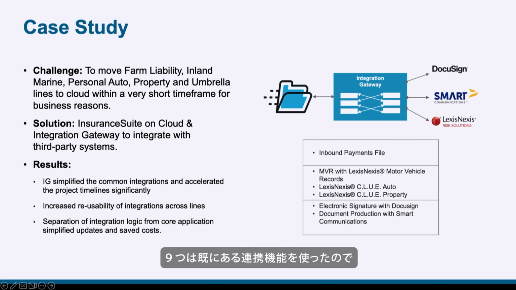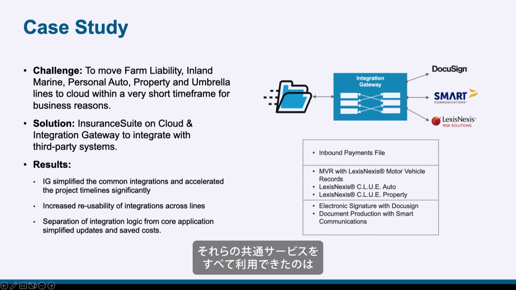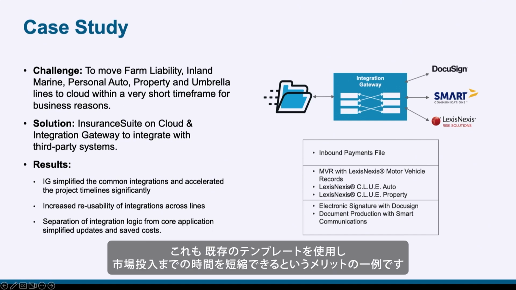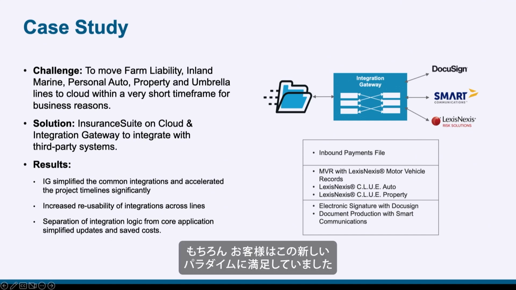So they only had to build 6 new integrations. Because this was delivery led, they knew what they wanted, so they could use all those common services. This is where you get the benefit of time to market when you're using existing templates.